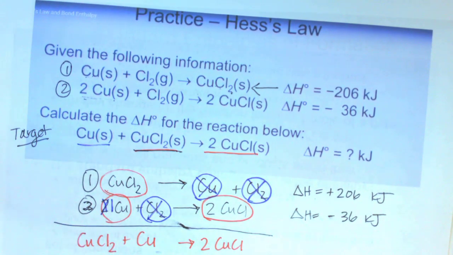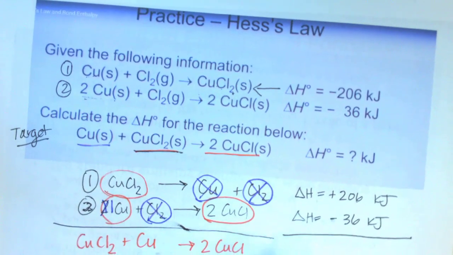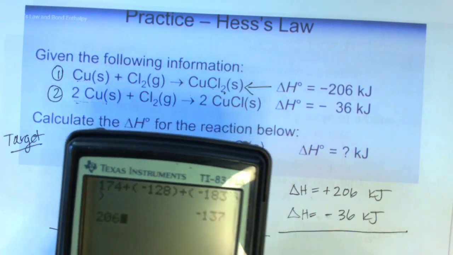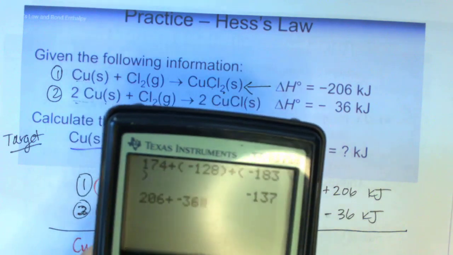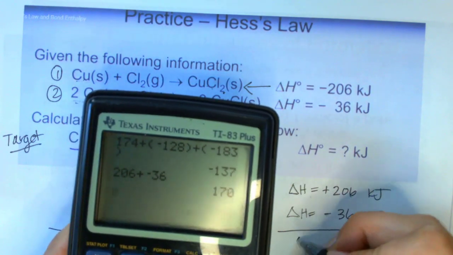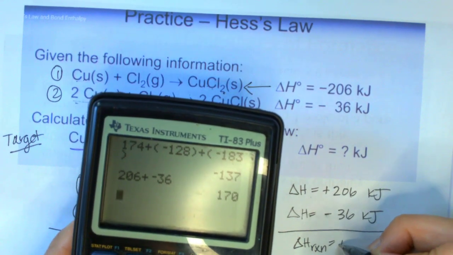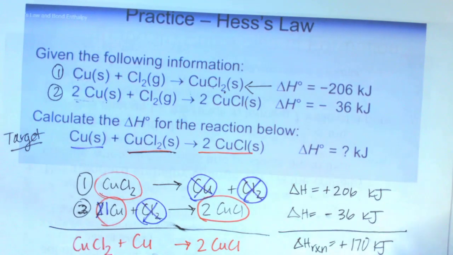Now all we need to do is just add up these delta H's. I just need to do positive 206 plus a negative 36. And our delta H for the reaction is positive 170 kilojoules. So this has become an endothermic reaction.